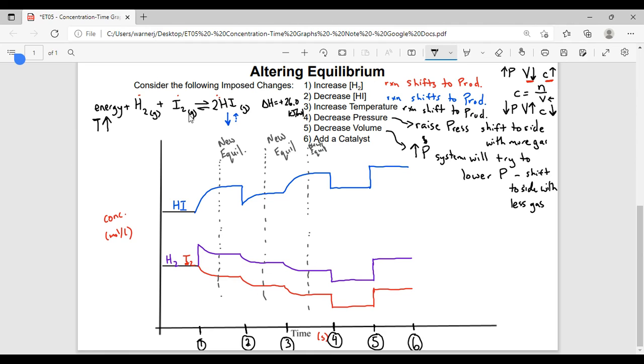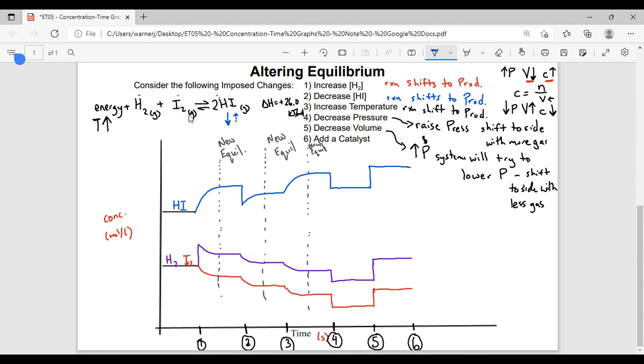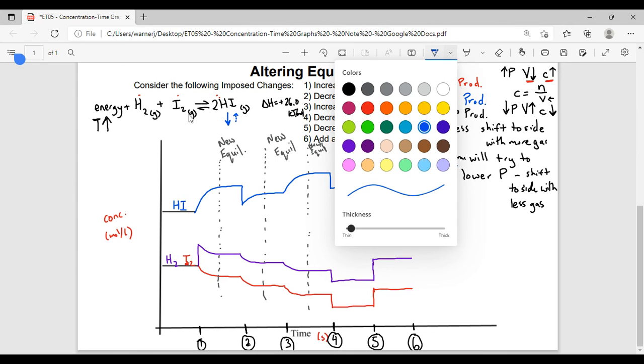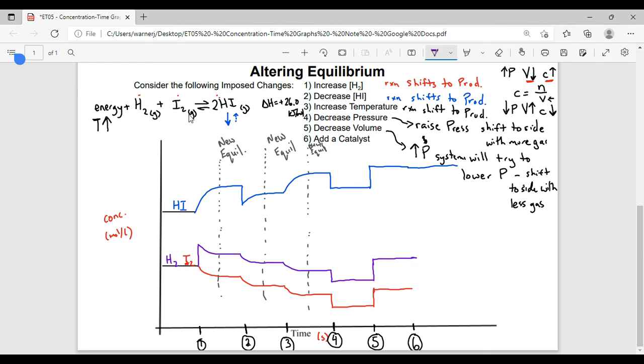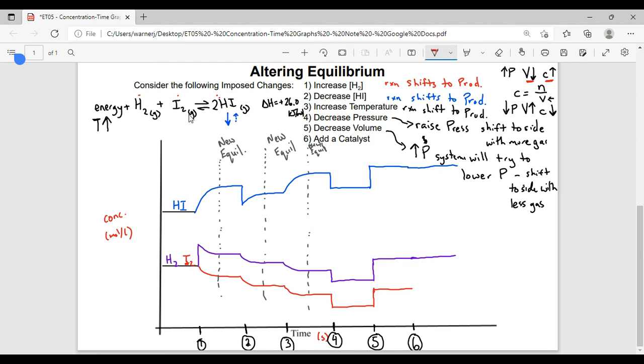So if it increases the forward reaction, it increases the reverse reaction, and we're going to see the exact same equilibrium position. Adding a catalyst isn't going to change that. So for this one, we would see, again, just a flat line. Just adding a catalyst is not going to influence our system at equilibrium.